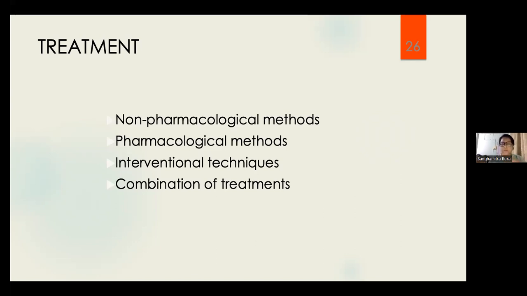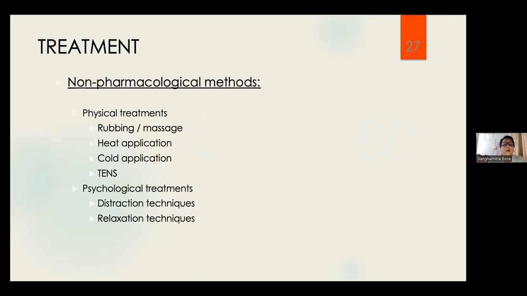I'm not going into much detail about non-pharmacological methods, but I have to say that they have their own place. They have their own importance in pain treatment. And I sincerely believe that you all may have gone through the non-pharmacological methods, physiotherapy and heat application, etc., etc.